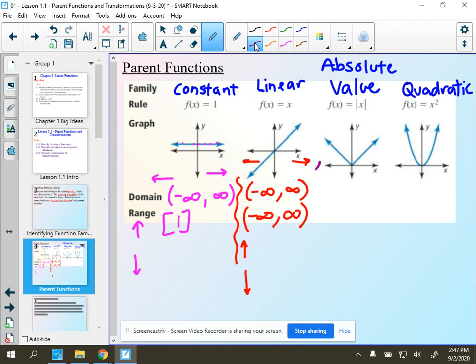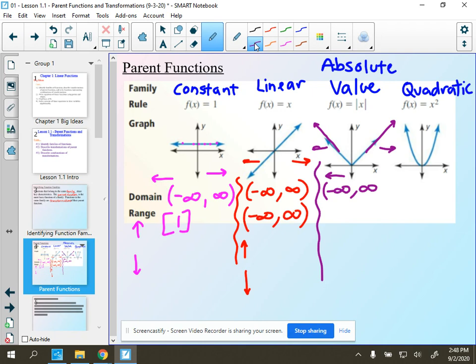Let's change colors here. For the domain and range of our third, our absolute value parent function, same concept, left and right. This graph is going to the left forever, which we call negative infinity, and it's going to the right forever, to positive infinity. This way forever, this way forever.